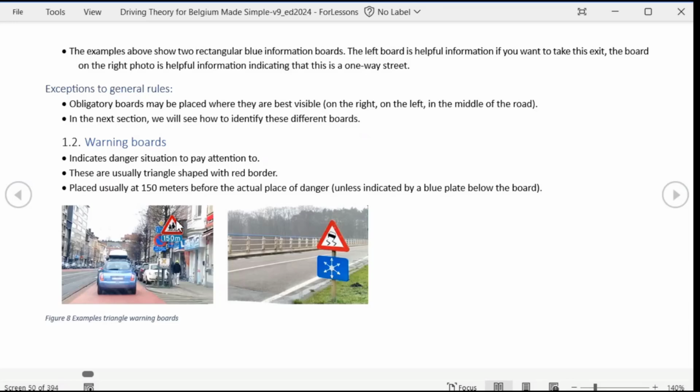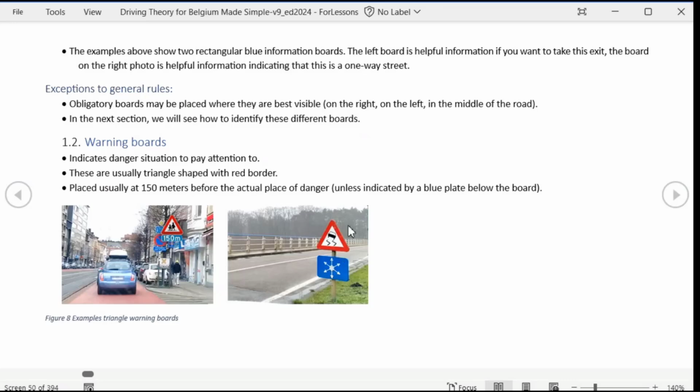Even if the plate was not there, this situation is at 150 meters. In some cases, the blue plate might say 50 meters, which means that in this case, it's not 150 meters, but the danger situation is at 50 meters. That can be indicated by a blue plate.